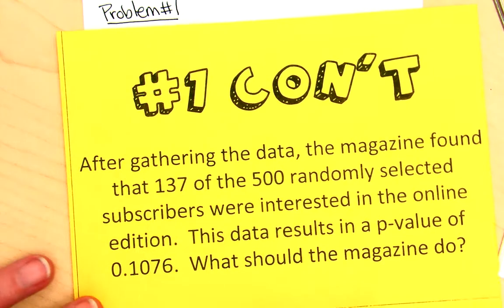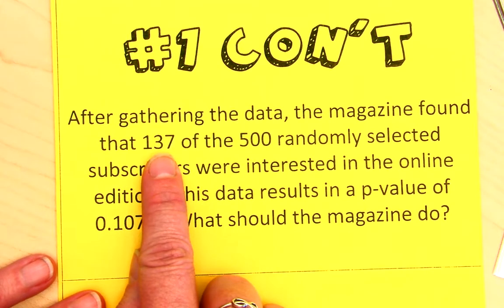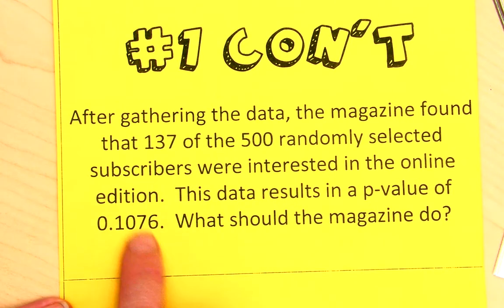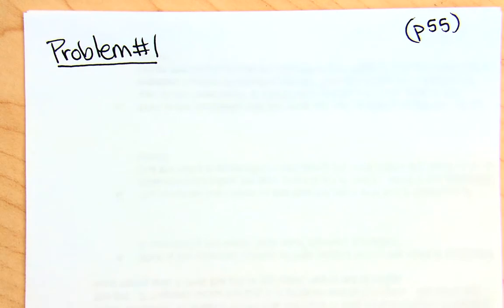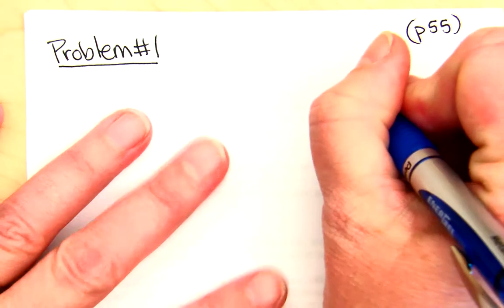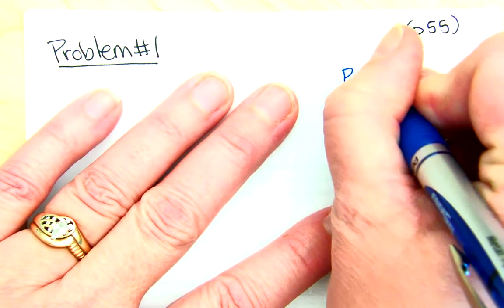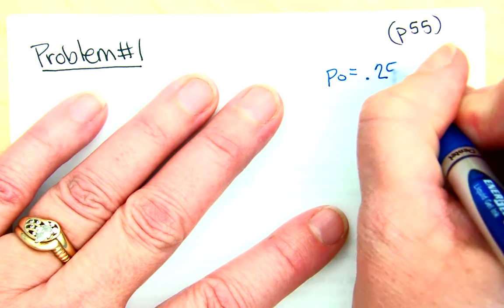Over here, we're told that when we did the 500, we had 137 out of that 500 who would be interested in getting the online edition. And then they give us a p-value here. If you're doing this by hand to come up with this p-value, then we would look at our proportion in our hypothesis, which is 0.25.